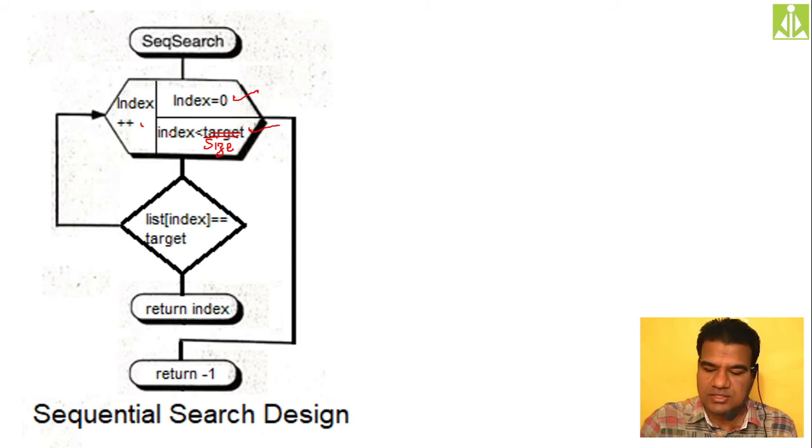If after all the iterations we didn't find the element in the list, that means the target is not there in the list. So we simply print a negative response.